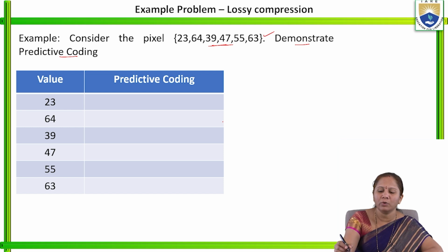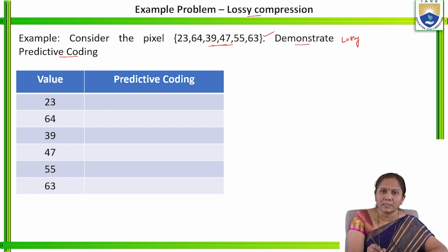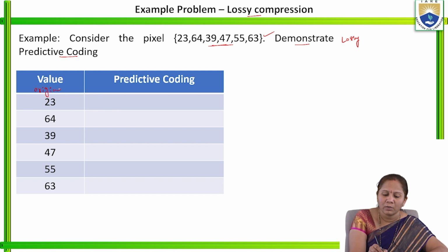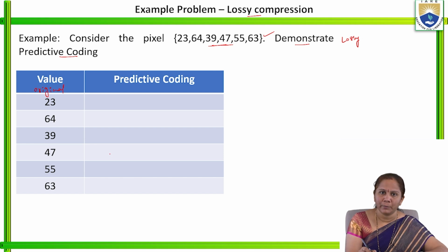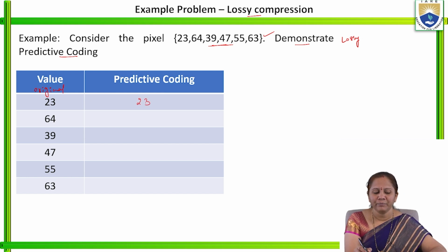That means lossy predictive coding. So here we can see the original value. How to calculate this predictive coding? The first value will be as it is, that is 23.